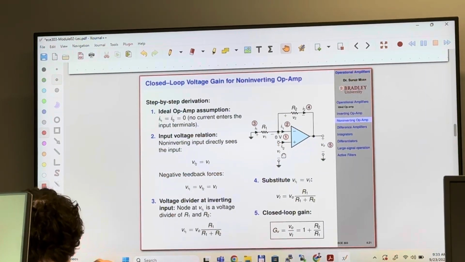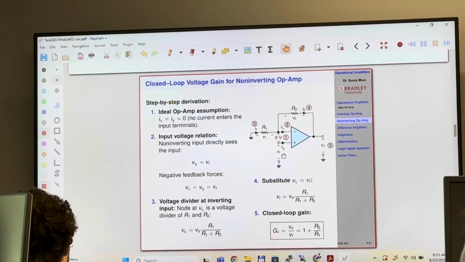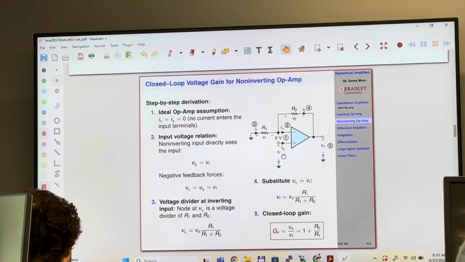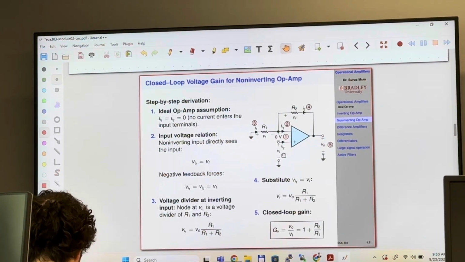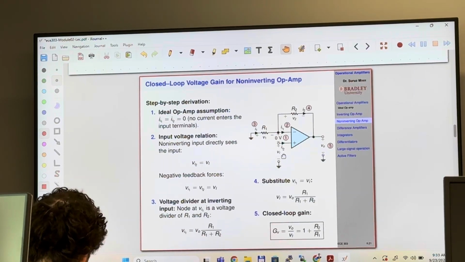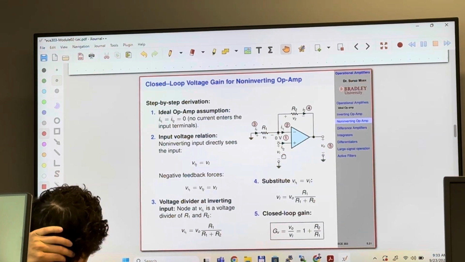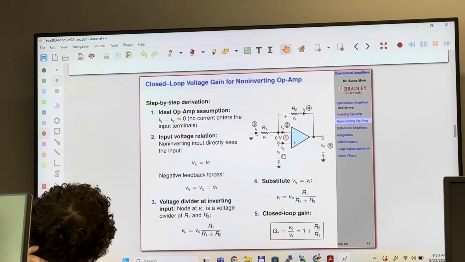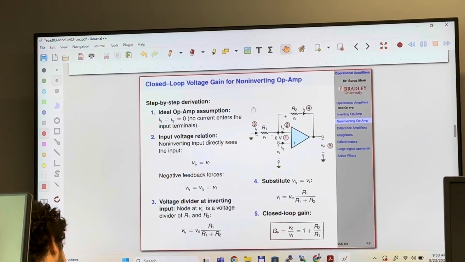But here I typed it. So in the transcribing, I want you to put this solution, the step-by-step derivation that I have, plus the one that I went through. Okay, you will understand this. See how to analyze this op-amp circuit. So what you have here.